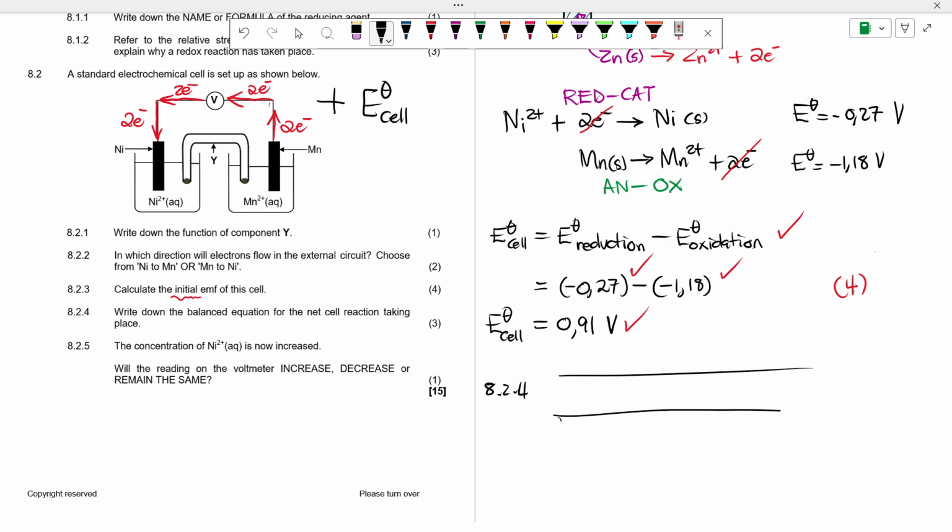So I have Ni2 plus on the reactant side plus Mn on that oxidation half reaction. Then this is going to give me Ni solid plus Mn2 plus. And that is it for 3 marks.